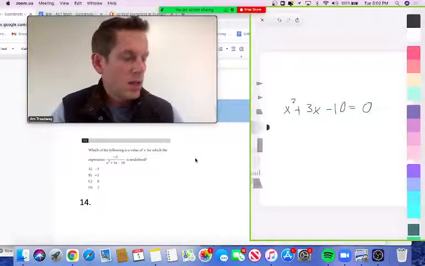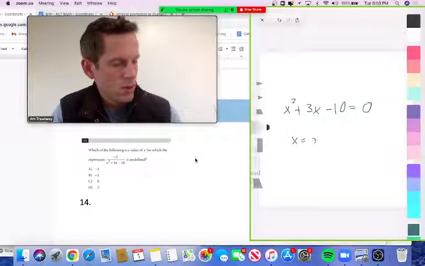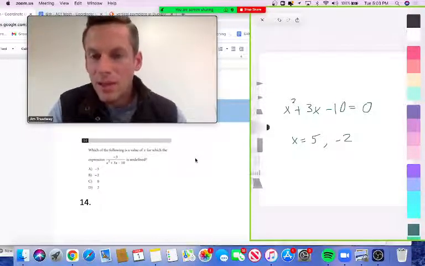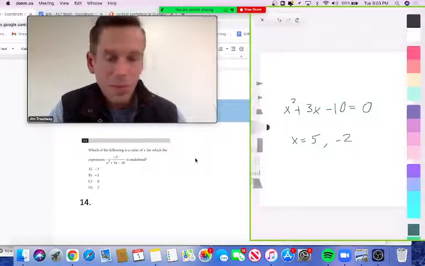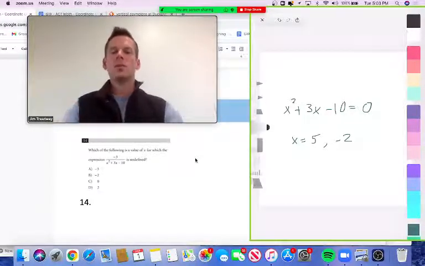And that one looks like you're going to get positive 5 and negative 2. And they say which of the following values of x would make this undefined. Positive 5 does not show up, but negative 2 does, so the answer would be B there. So that is vertical asymptotes.